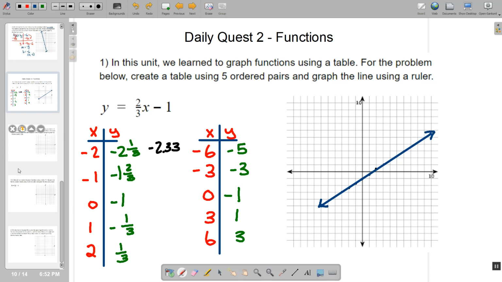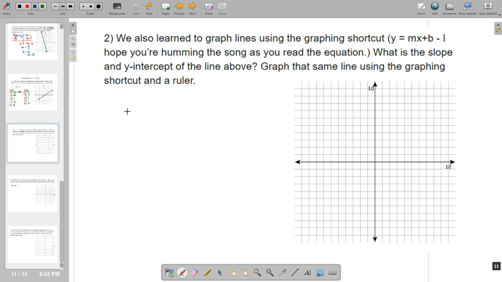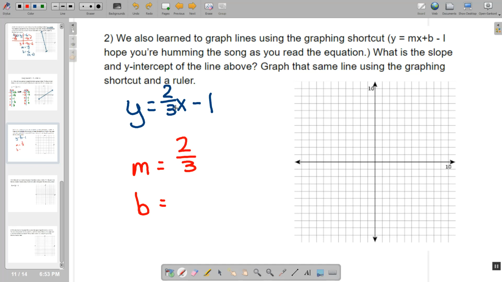So for our next problem, we're using that same line, y equals 2/3 x minus 1, and we're using the graphing shortcut, which is finding the slope and the y-intercept to graph quicker. Well, the slope is 2/3, or rise over run, and the y-intercept is -1, or the ordered pair 0, -1.